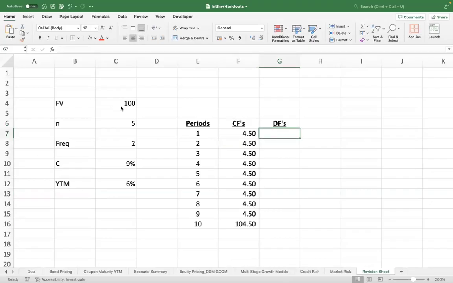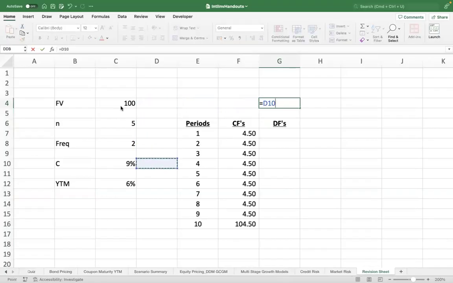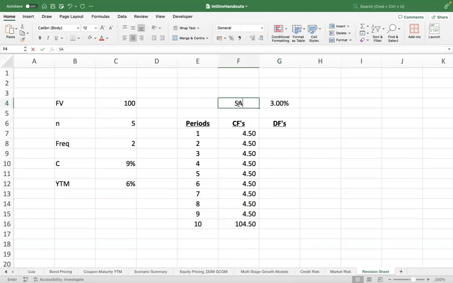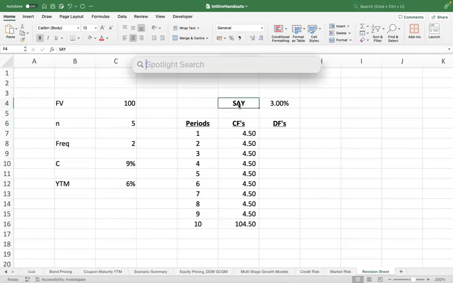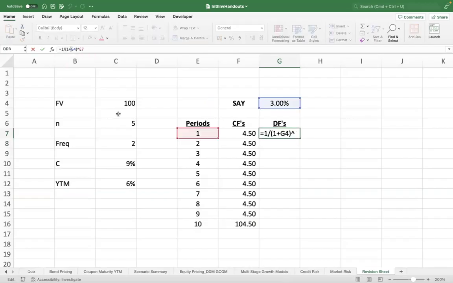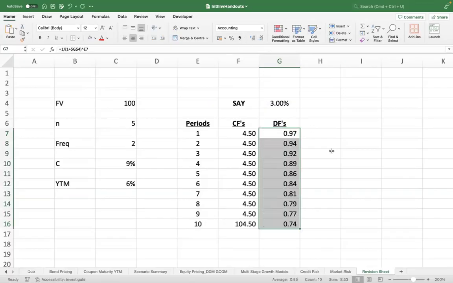At what rate? We always discount it at the implicit yield. Now you'll have to adjust the yield downwards, because if 6% is the annualized yield, then 3% would be the semi-annual yield. I call it SAY, semi-annual yield. Now discounting factors for each period will be 1 by 1 plus R raised to the power of N. And these are your discounting factors.